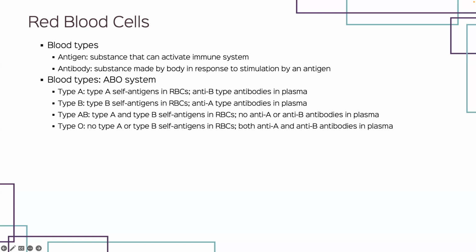The opposite is true of type O blood. That is where your red blood cells contain neither type A nor type B antigens, and its plasma contains both anti-A and anti-B antibodies. So it may make you think of the O as a 0. I hope you remember that type O blood has 0 A or B antigens.